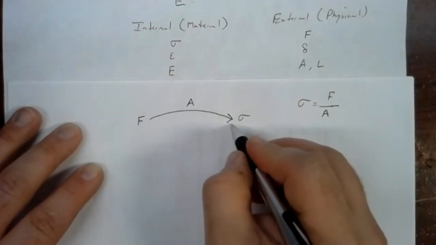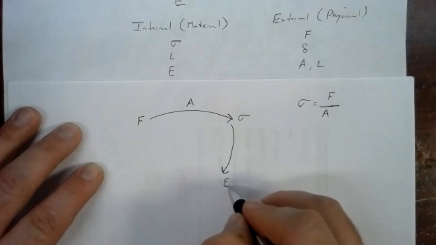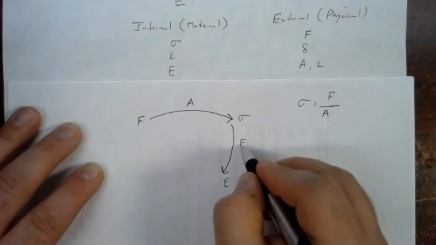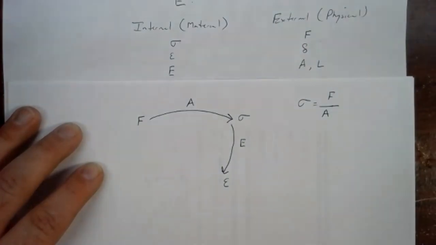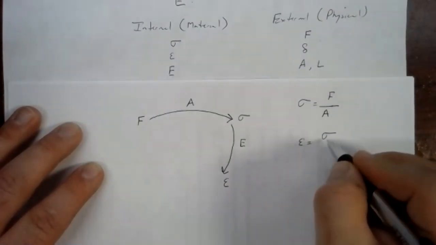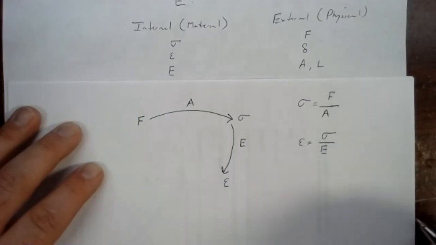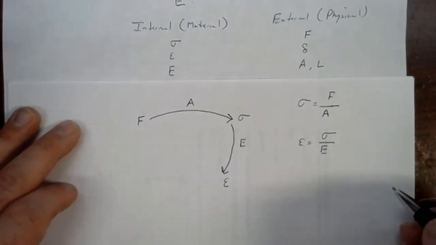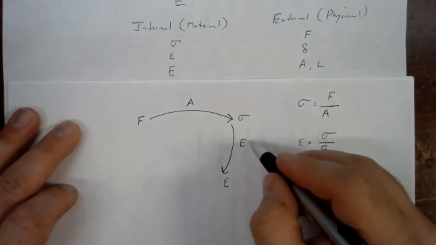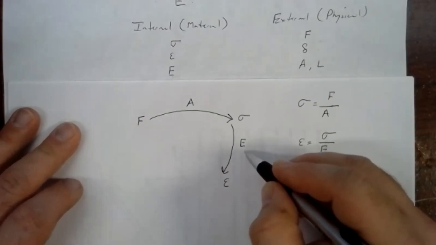Now from stress, we can get down here to strain by using Young's modulus. Strain is stress divided by Young's modulus. That's a material property. So we can go to a manual and look up what E is for a particular piece of material.